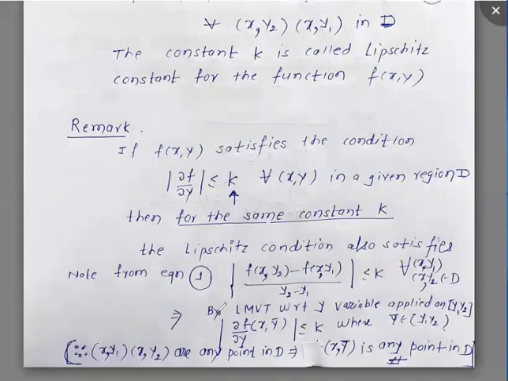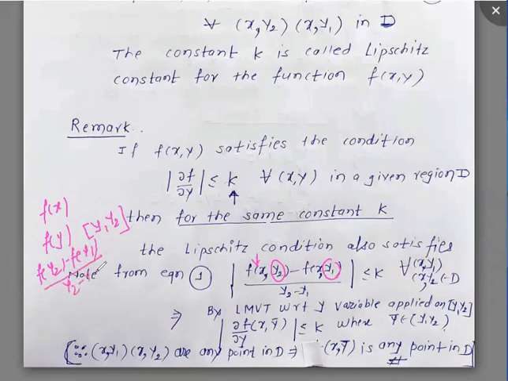Now, by Lagrange's mean value theorem, applying to this function f with respect to the y coordinate. If your function is a function of y, and we apply Lagrange's mean value theorem to this function on the interval y1 y2, we get f of y2 minus f of y1 upon y2 minus y1.